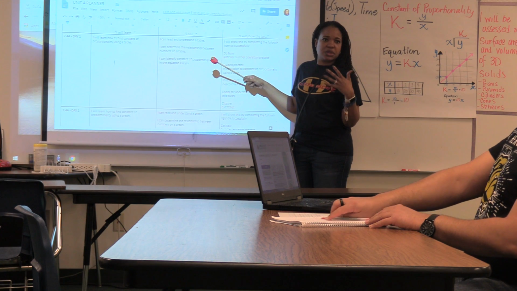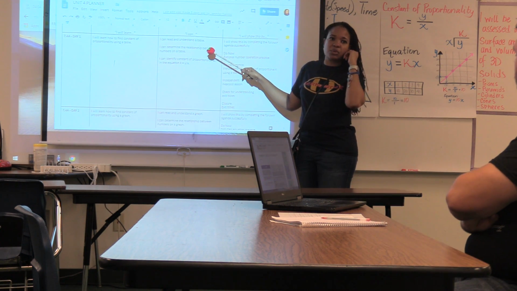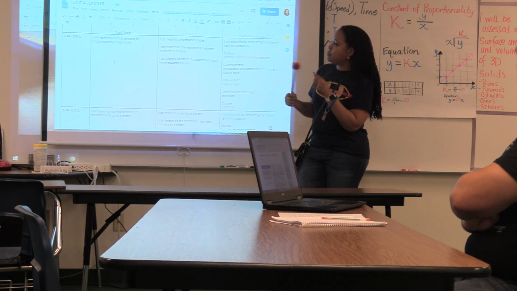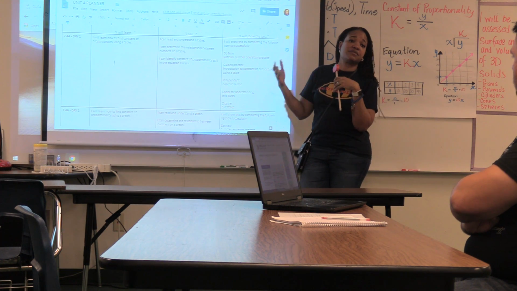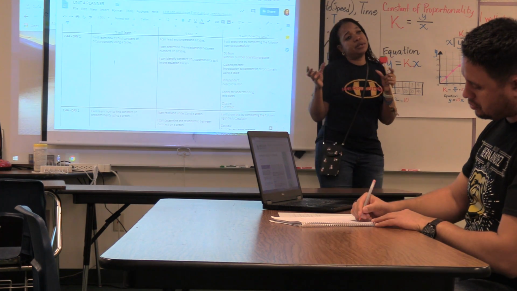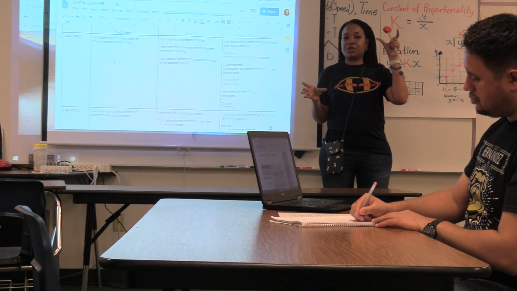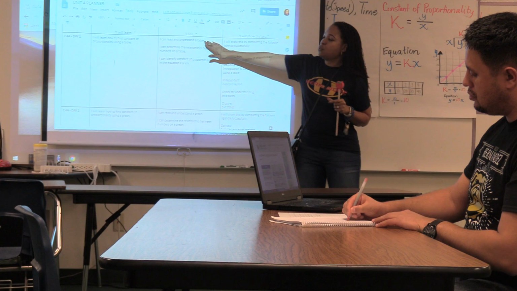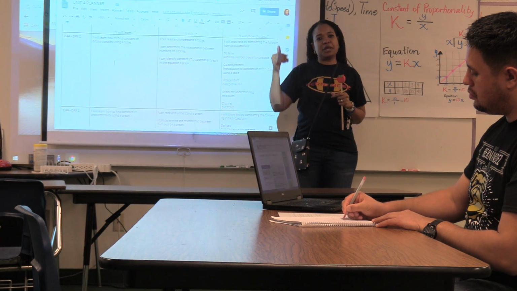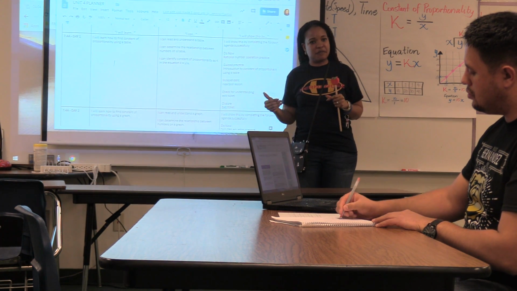And then once the majority of us have that, we would move on into the second success criteria. I can determine the relationship between the numbers of the table. So in your table, you're going to have your inputs and your outputs. And so first, we want to understand, do you understand what the inputs are, your independent variable?